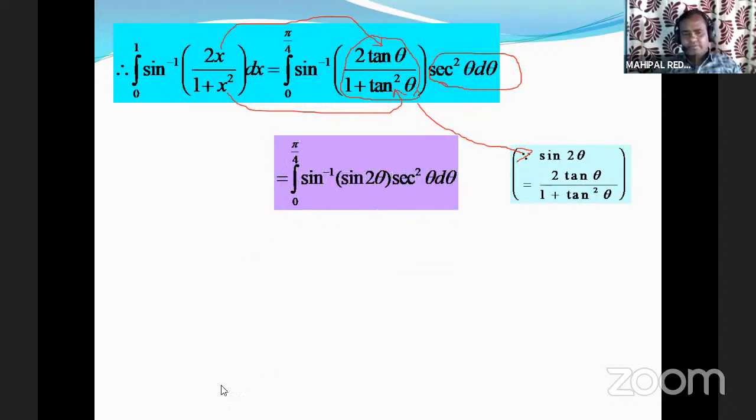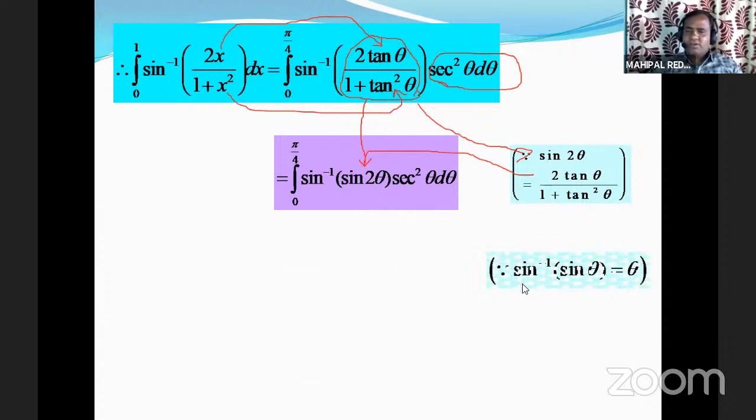So I have to replace this. So it is integration 0 to pi by 4 sine inverse of this total value, sine 2 theta, and sec square theta d theta.